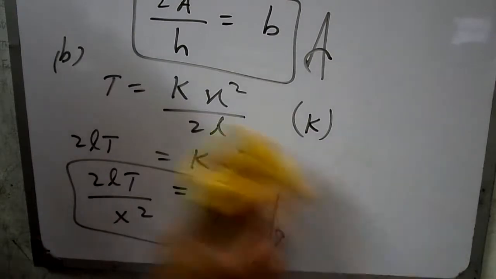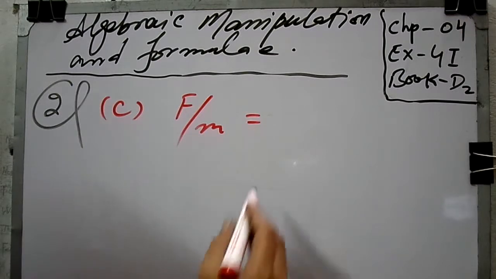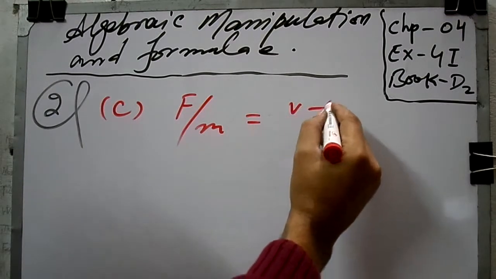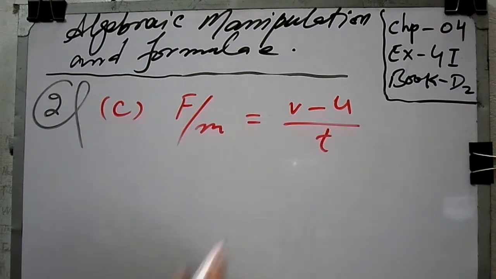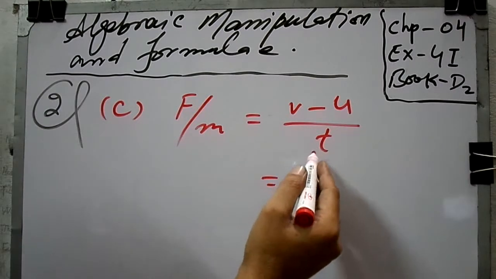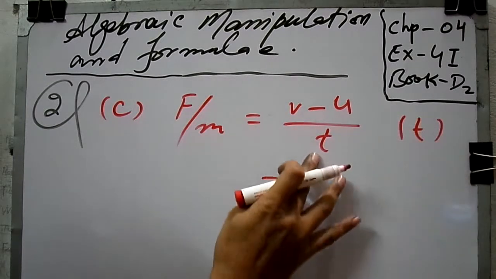Coming to the c part. In c part, F by m is equal to v minus u divided by t. You have to make t the subject, so you need the value of t.